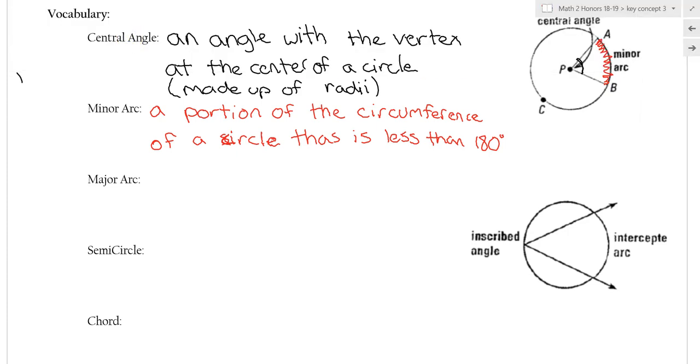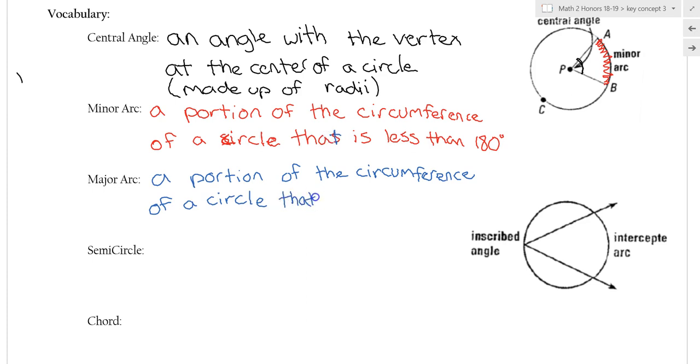Okay? So then a major arc is a portion of the circumference of a circle that is greater than 180 degrees. So that would be this arc here.